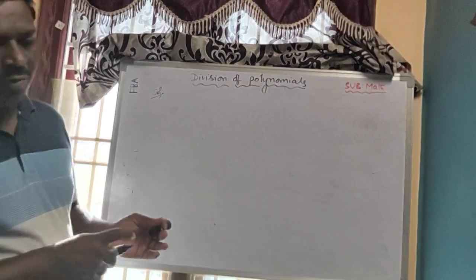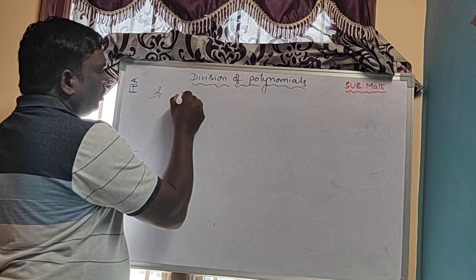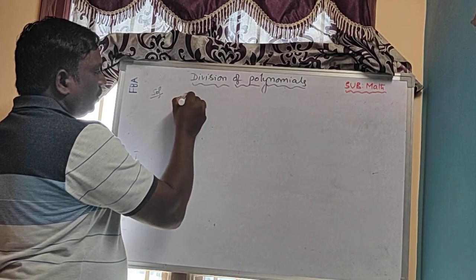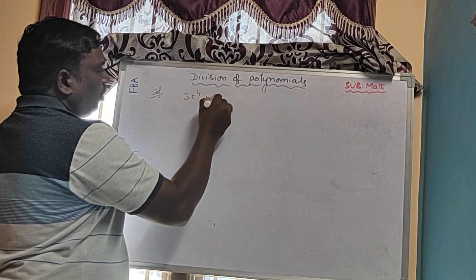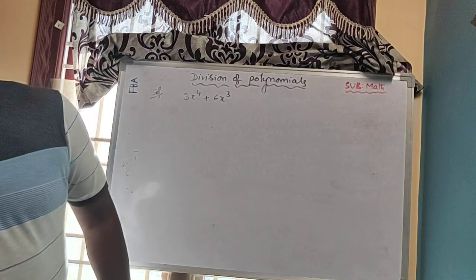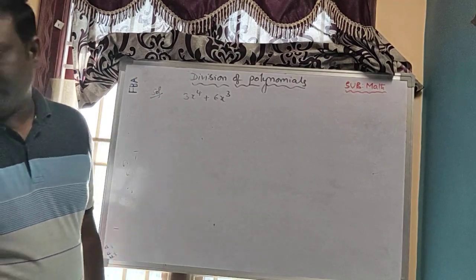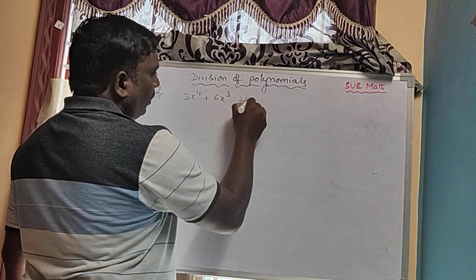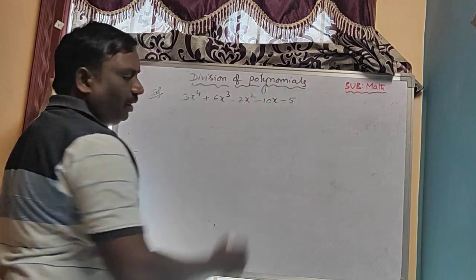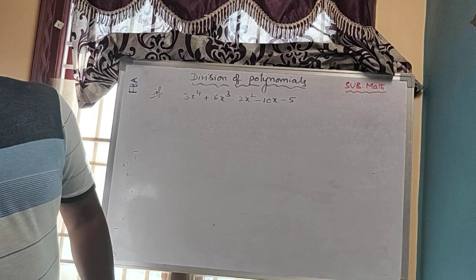The polynomial is 3x power 4 plus 6x cube minus 2x square minus 10x minus 5.